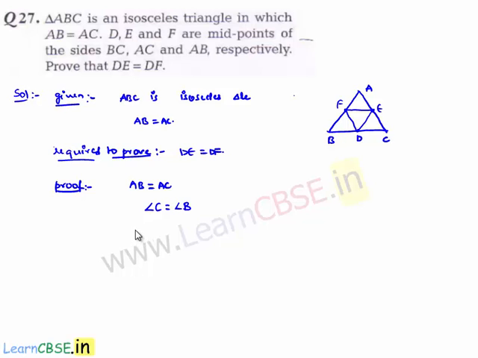and it is given that F is the midpoint of AB. Therefore here, as F is the midpoint of AB, we can say that BF will be equal to half times AB, which implies AB is equal to 2 times BF.